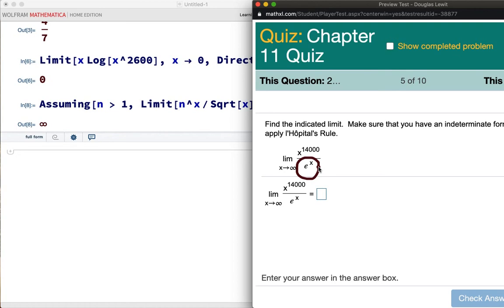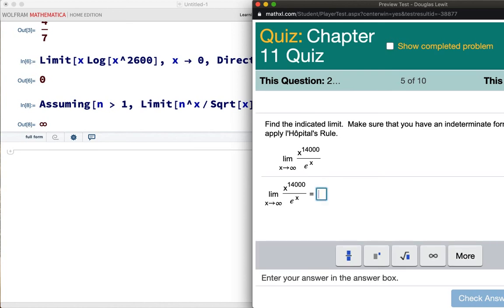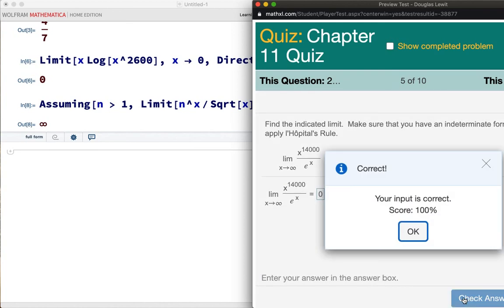So what happens when your denominator is very, very big and your numerator is very, very small, which will eventually happen for extremely large values of x? Well, when that happens, the limit is simply going to be 0. And that is correct.